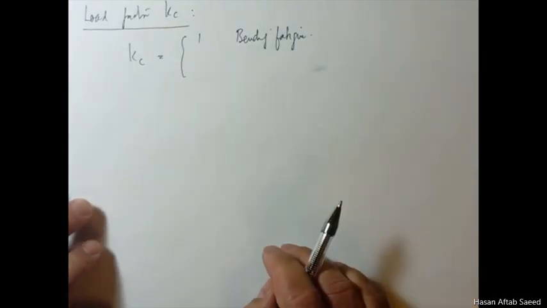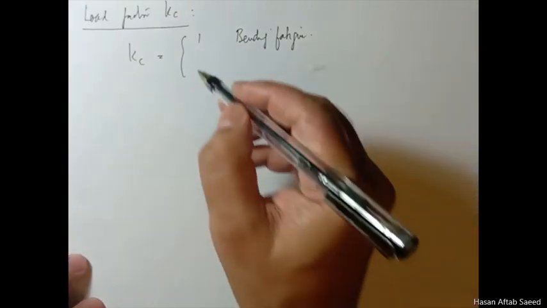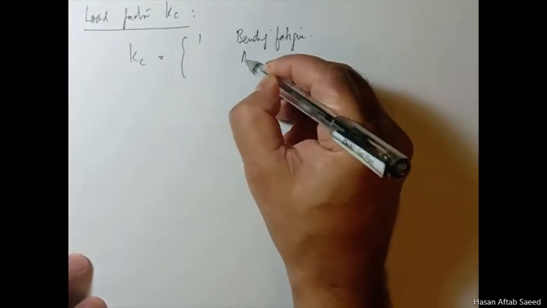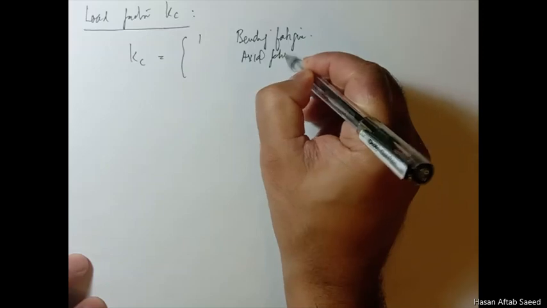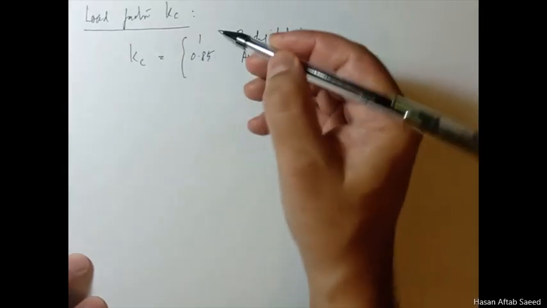It's one, because your loading and the loading that was employed to find the Se prime is the same, no problem. Now, if it's axial fatigue, fatigue can be axial also, then you need a correction factor of 0.85.